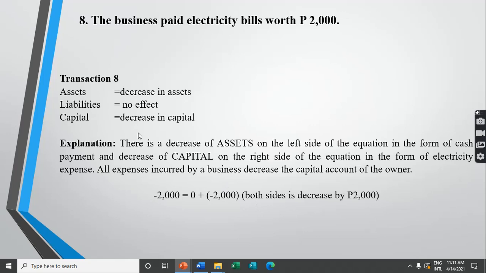So, there is a decrease of asset on the left side of the equation of 2,000 in the form of cash payment, and decrease of capital on the right side of the equation in the form of electricity expenses. So, both side is decreased by 2,000. So, palagi nating sinasabi, all expenses incurred by the business decrease the capital account of the owner.